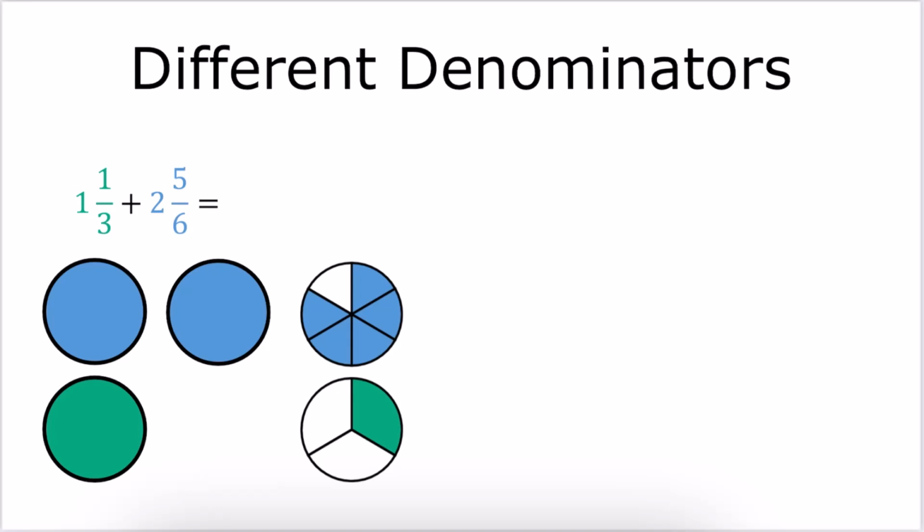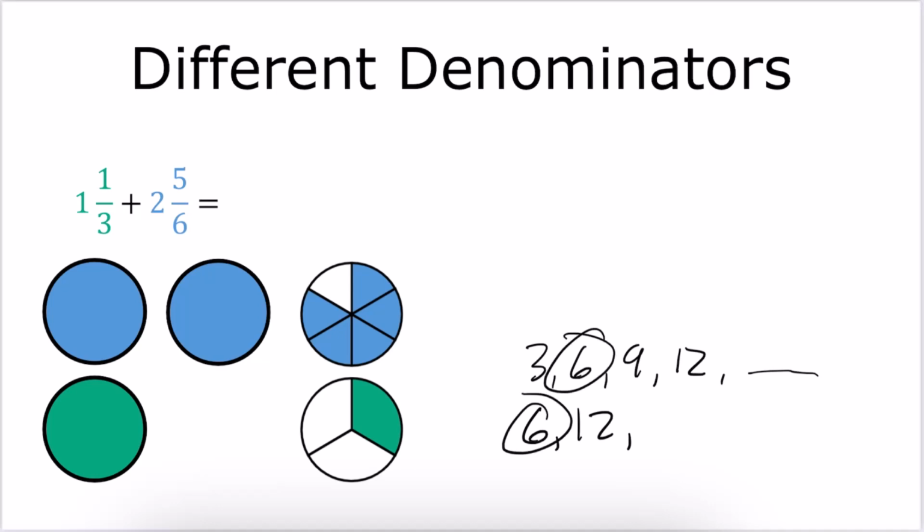Or you could find the least common multiple by listing the multiples of 3, which would be like that, and then listing the multiples of 6. And you don't have to go very far before you realize that 6 is the least common multiple. So I'm going to go with that just because that will be easier.